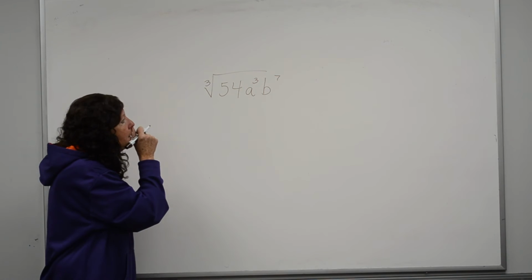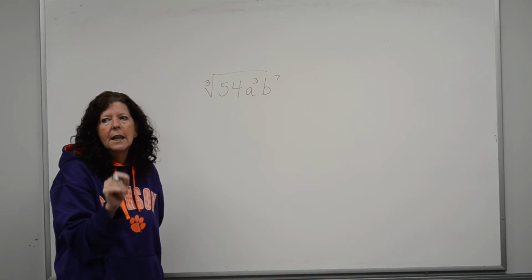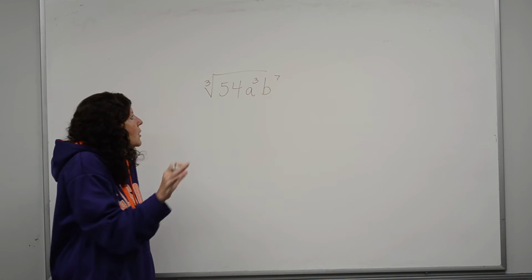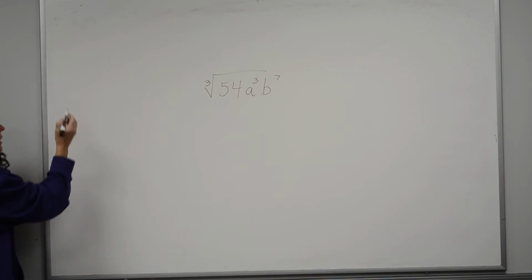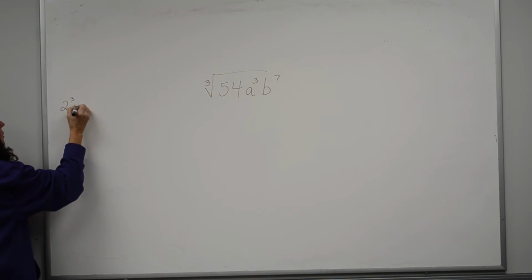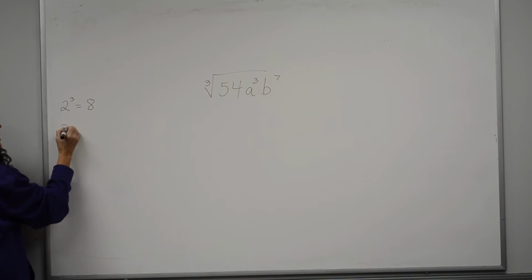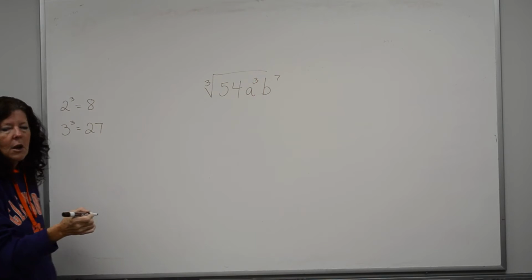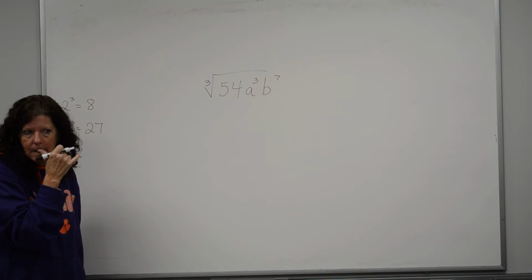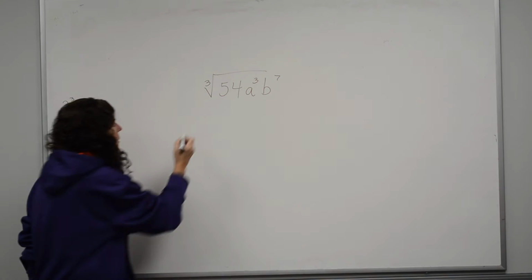So then what I do is I say, what can I multiply together to get 54? What I'm really looking for is 2 cubed is going to give me 8. 3 cubed is going to give me 27. What's 27 times 2? 54.